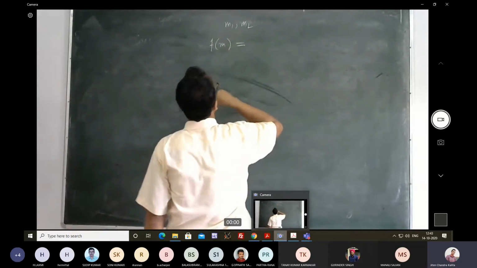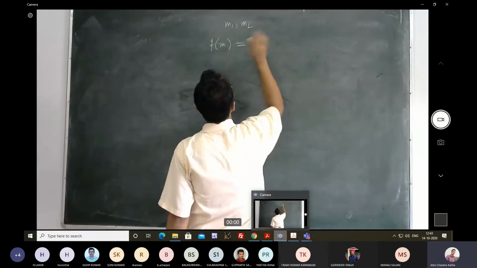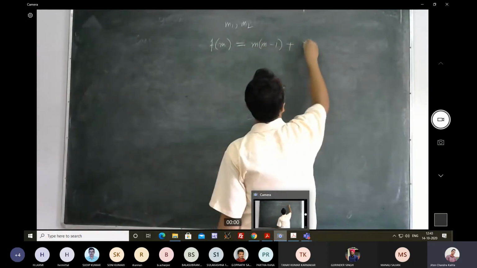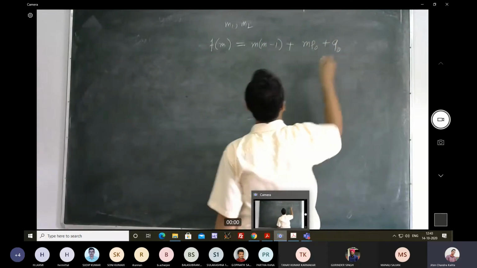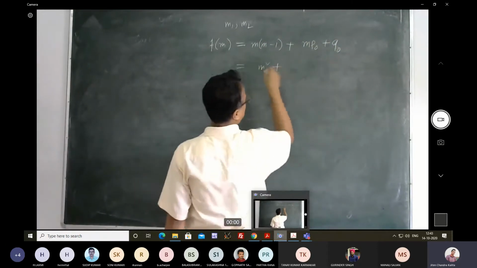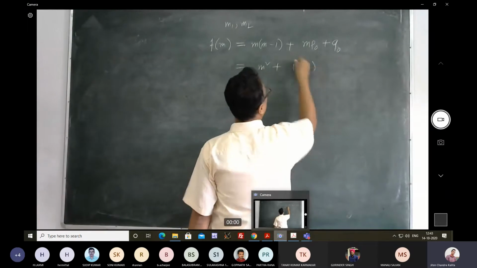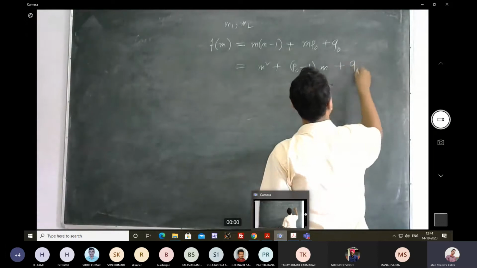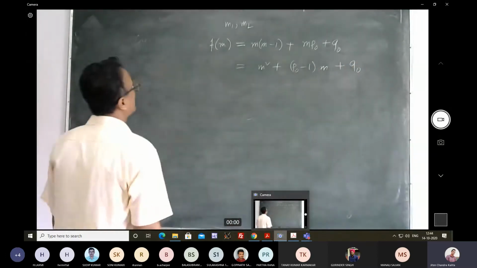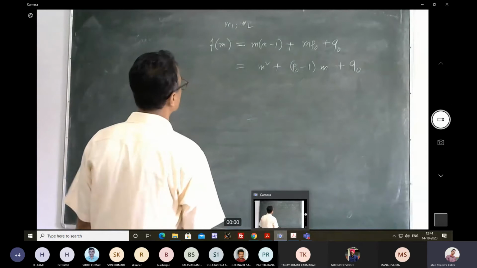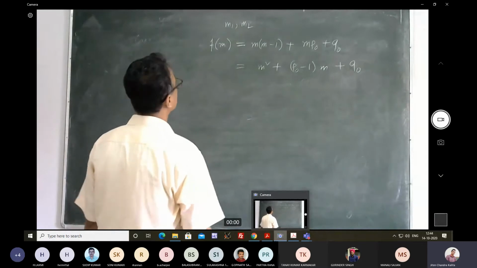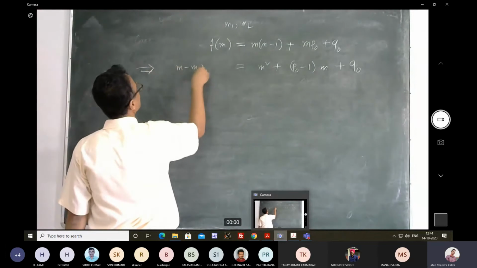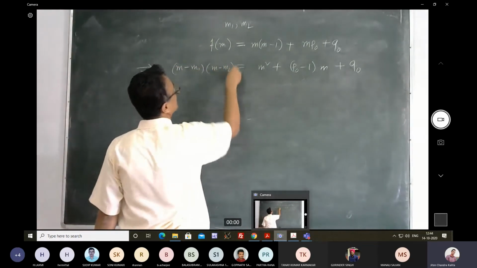f of m. So this is, as if you recall, f of m. This was your, okay, plus q naught, and since m1 and m2 are roots, so definitely what is going to happen, your m minus m1 into m minus m2 is given by this.